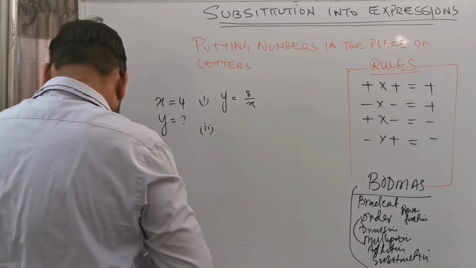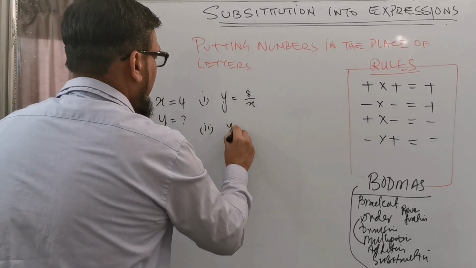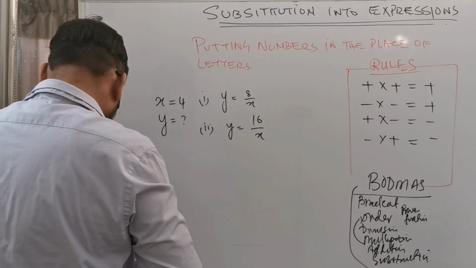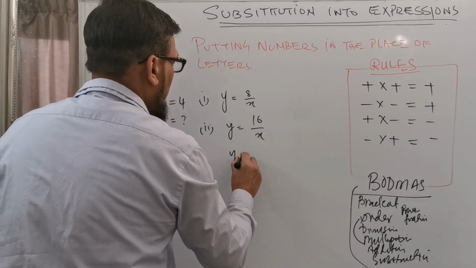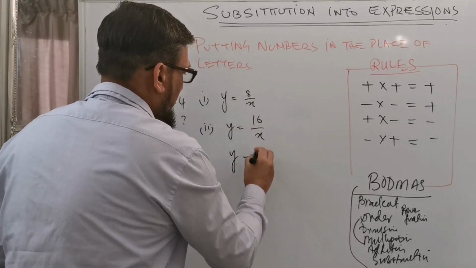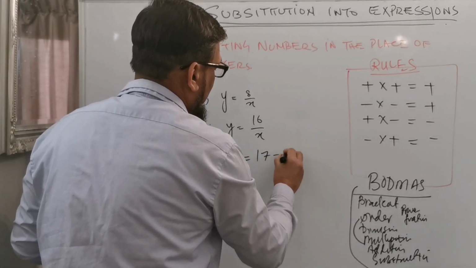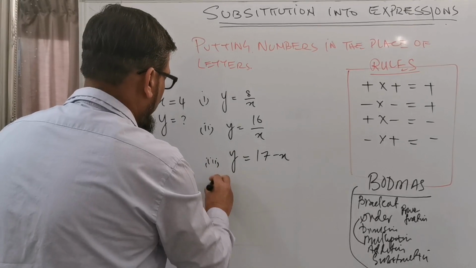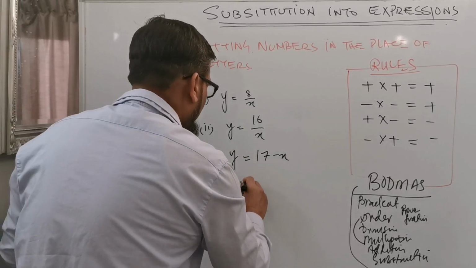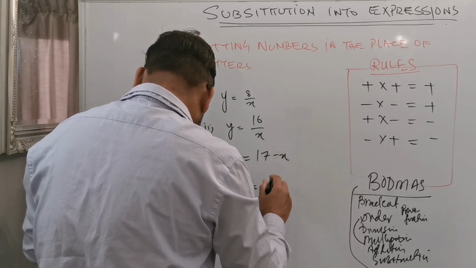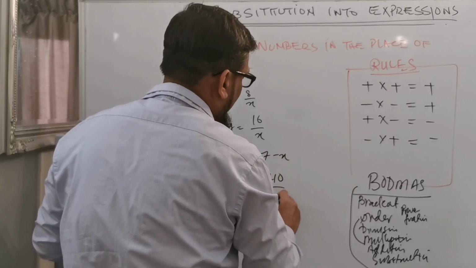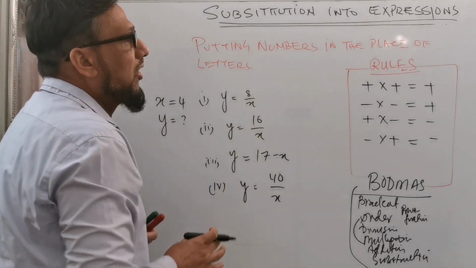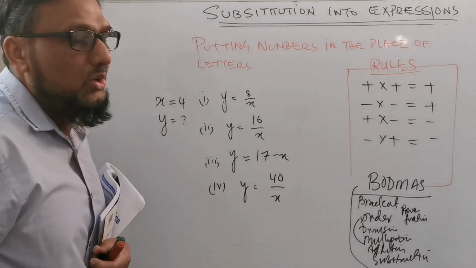The second question says y equals 16 over x, and y equals 17 minus x. And number 4 question is y equals 40 over x.